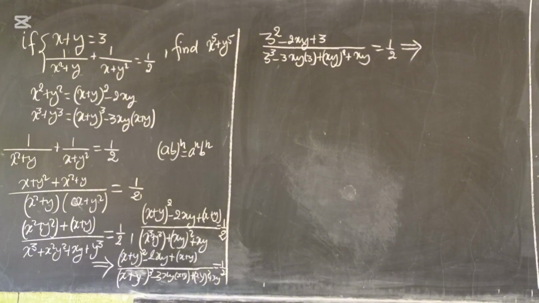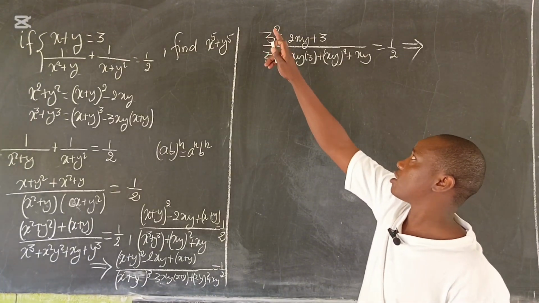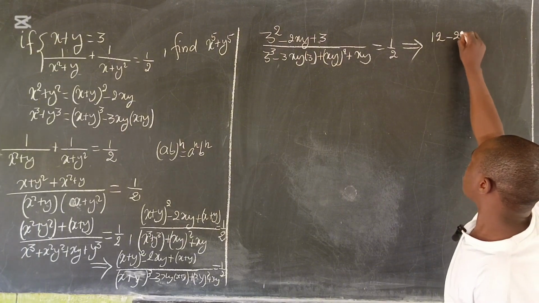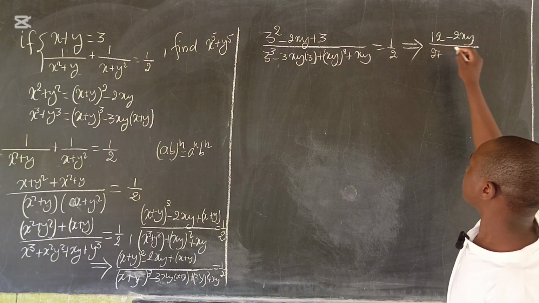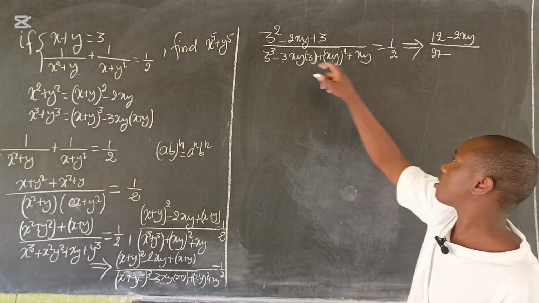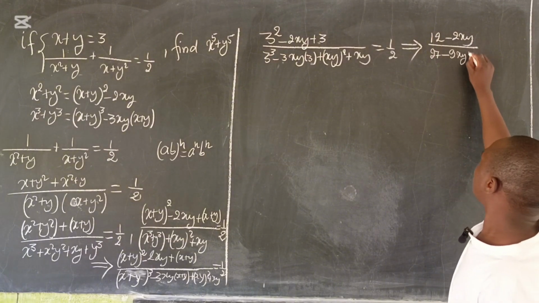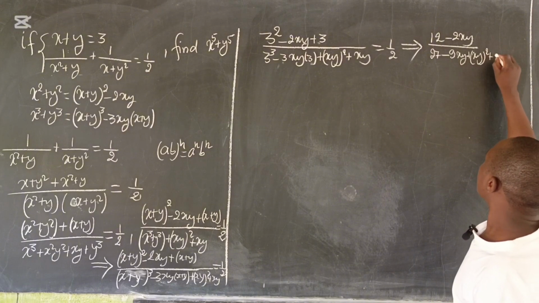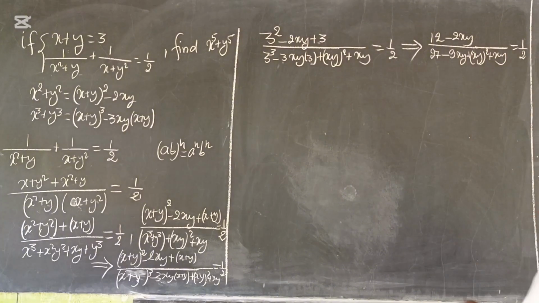Here, this 3 power 2 is 9, 9 plus 3, this is 12 minus 2xy over 27 minus 3 times 3, this is 9xy, plus xy power 2 plus xy, and this is 1/2.